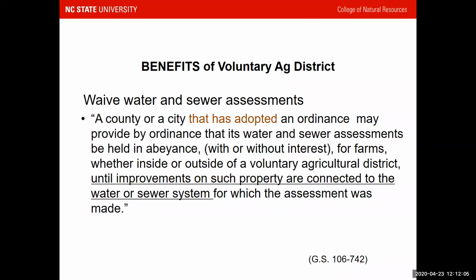And if one is in the voluntary ag district, those assessments to connect to water and sewer, or even the placement of those assessments on their farmland is waived until such time as they want to make that hookup themselves. So it's an avoidance of quite a bit of cost on their end, but it's a big deal for rapidly growing areas.